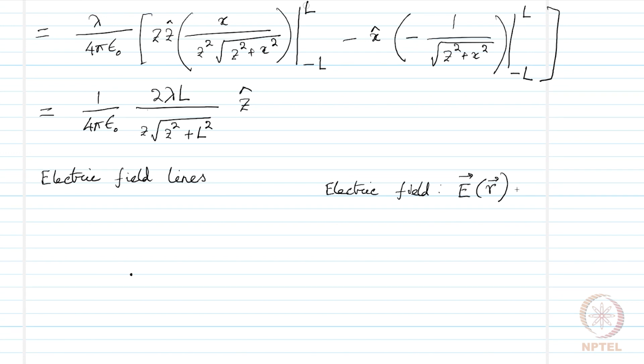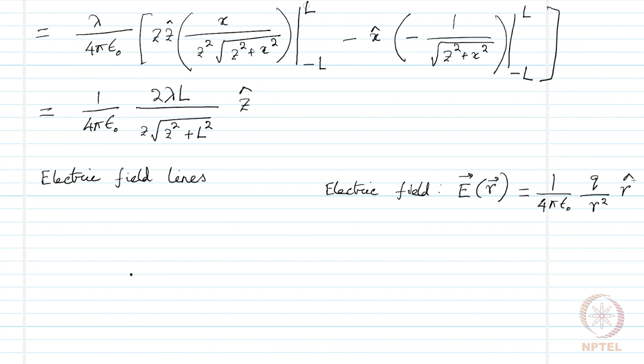E as a function of r, if the point charge is located at the origin, is simply 1 over 4 pi epsilon naught, q over the absolute value of the position vector squared, in the direction of the position vector. This will be the electric field provided the point charge is located at the origin.